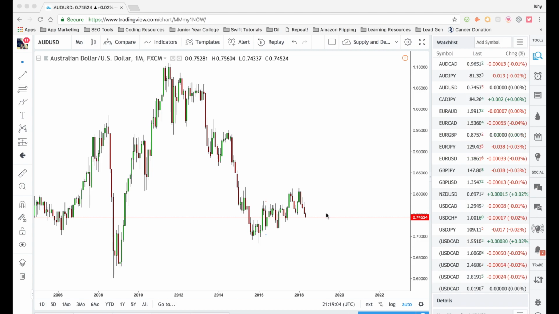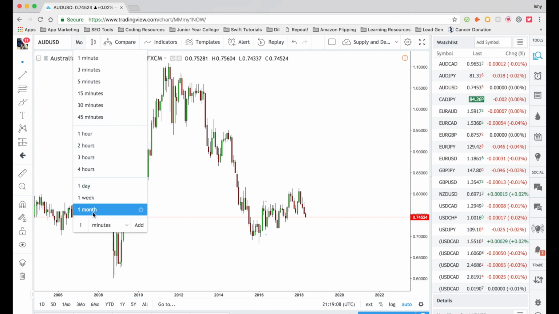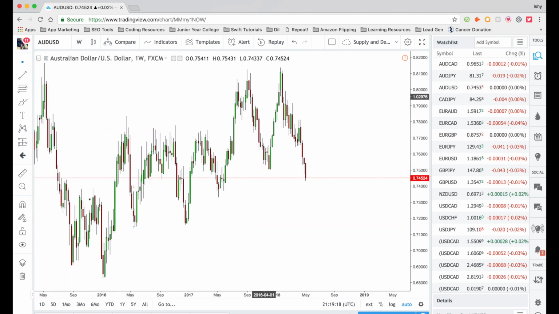Isn't that crazy? So when you start off with a monthly time frame, what that means is that you have a monthly income. Your trades are going to last about a month. And then if you drill down to the weekly, right? If you say that you can dedicate a bit more time, then you want to start off with the weekly time frame.